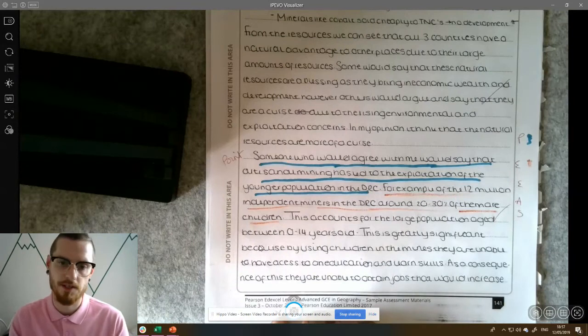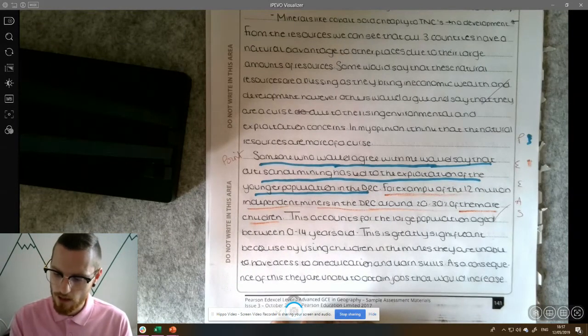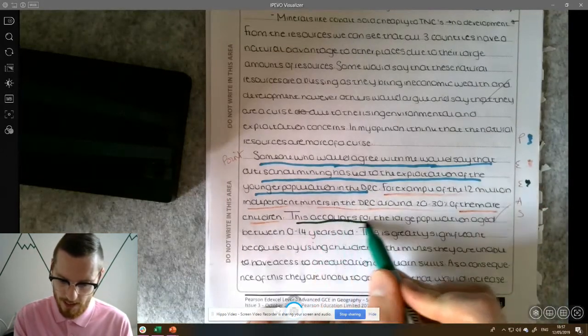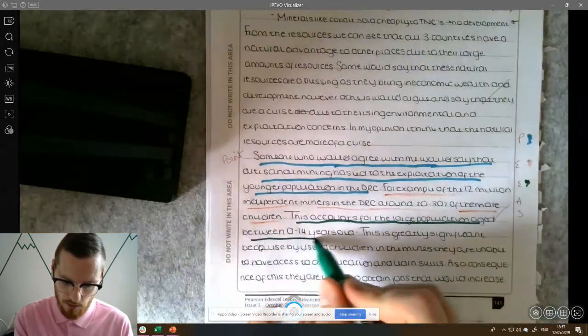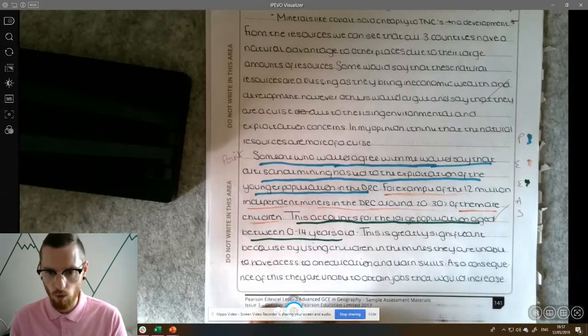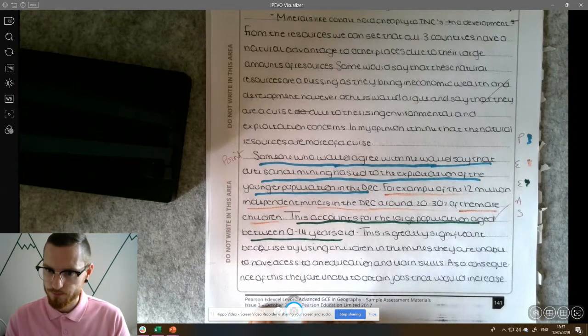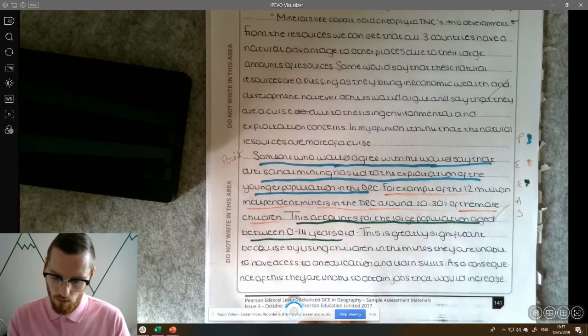You can go point, evidence, explain or point, explain, evidence. There is after this a wee bit of explanation. This accounts for the large population aged between 0 to 14 years old. I would definitely say that could be developed further, but that'll do. And then we're going into talking about significance here.